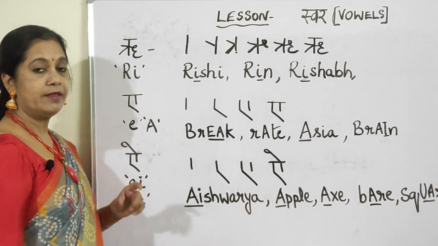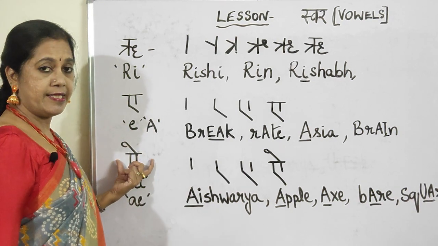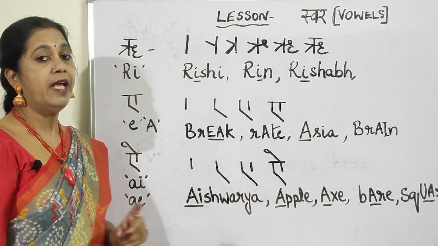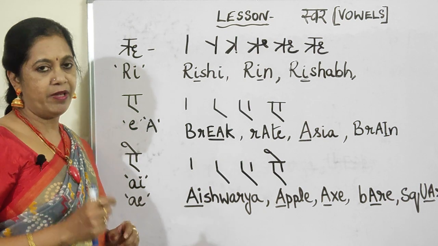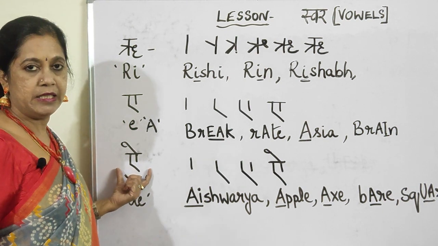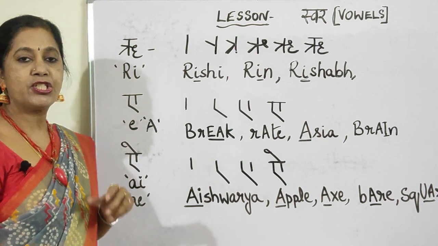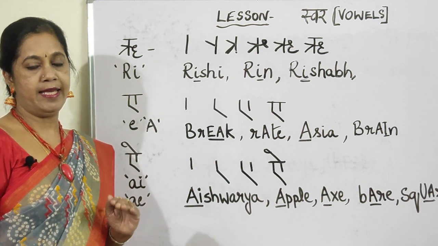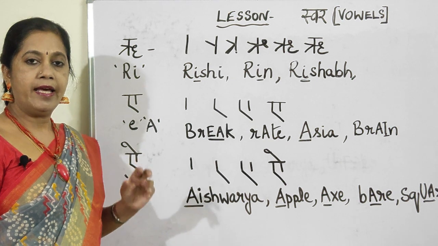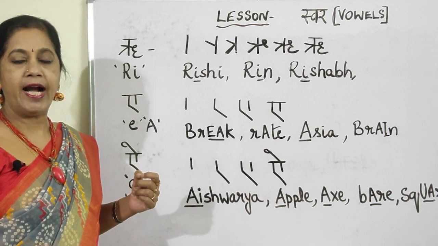The next one, please focus on this letter, how I'm pronouncing it, and you should remember to sound this letter the same way, because most of you make mistakes in pronouncing this letter. It is not I, it is A. We say Anak. We don't say Ainak.